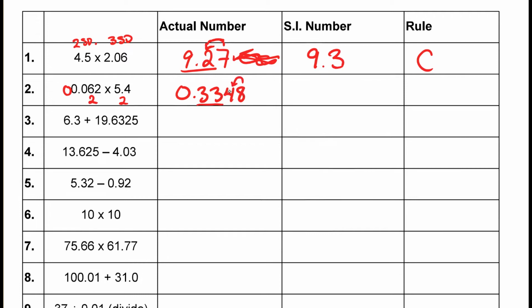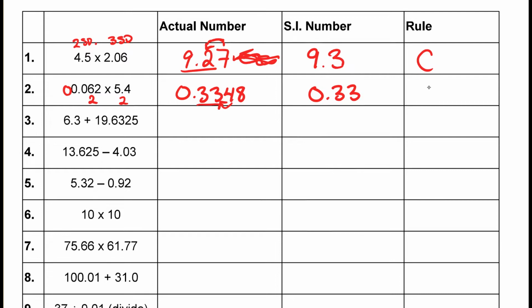Now that this is a 5, they want to round the 3 up to a 4, but you can't do that. The reason why you can't do that is because you're double rounding. Is 48 closer to 0 or 100? It's closer to 0. So we're going to round this to 3.